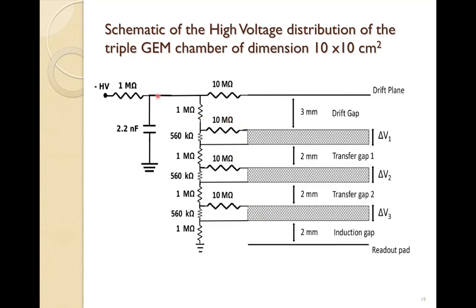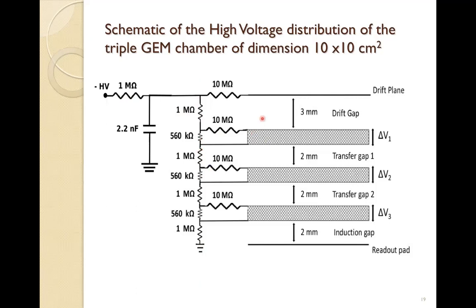Okay. Now I apply high voltage here after this filter, and then there is the voltage divider. So current is going from here to here, so there will be a potential difference, and it is grounded. That means this part is more negative than this part, and so on.